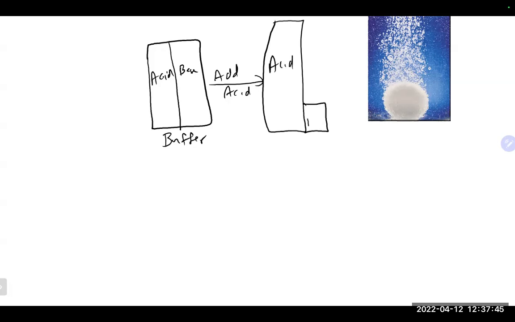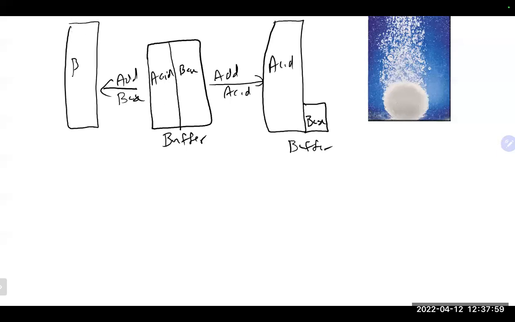Dramatically drawn here. And if you add base to this buffer, it will react with the acid part and make more of the base part of the buffer, but use up a little bit of the acid part. So we always sort of regenerate part of the buffer, even though we're adding acid or base to it. And that's what allows a buffer to work over a good range if you make it correctly.